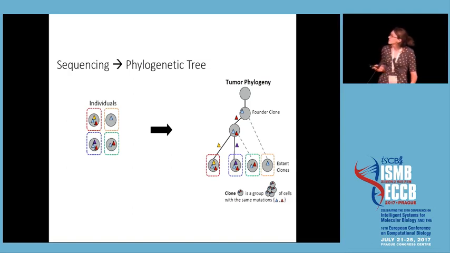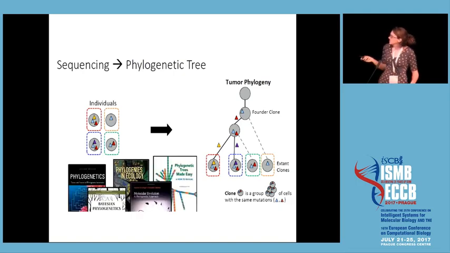Typically in a phylogenetic study, we measure individuals from a population, and we measure some set of features about them. These could be physical or genetic features. And we use these features to reconstruct the evolutionary history going backwards in time. There's a rich body of work describing how to go from these features to a phylogenetic tree.